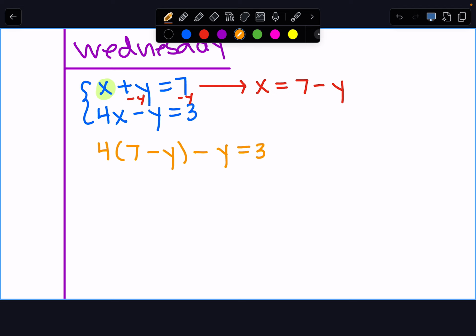So now let's go ahead and distribute. So we have 28 minus 4y minus y equals 3. Okay, got to combine like terms. 28 minus 5y equals 3.